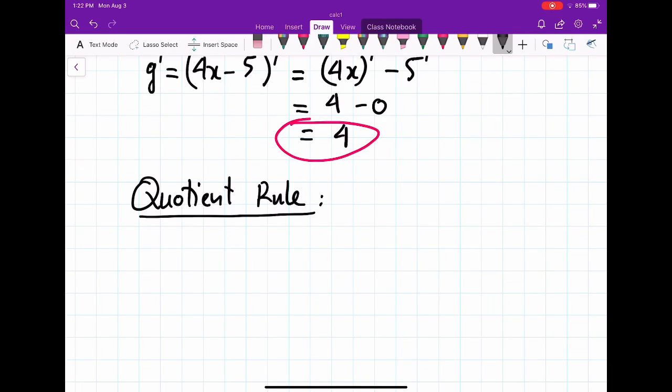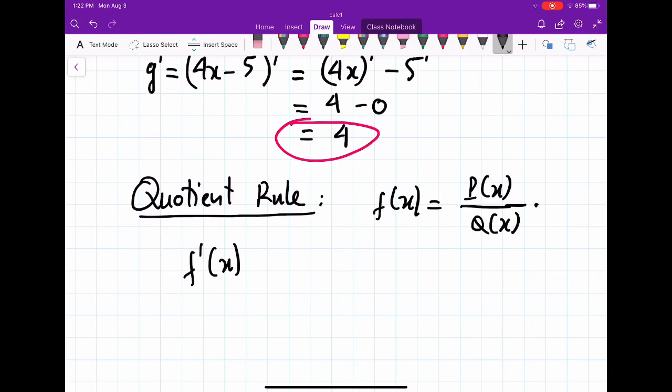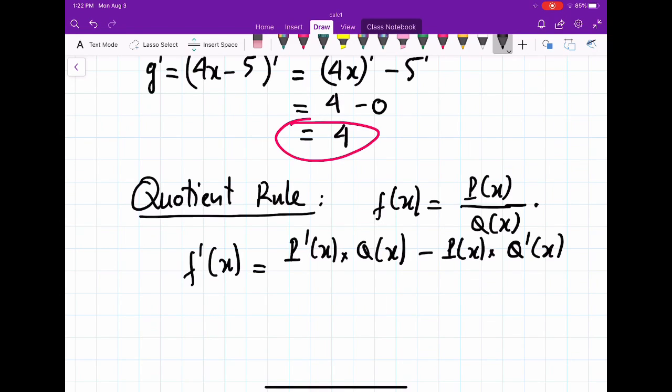The quotient rule says if you have some function f of x equal to p of x over q of x, and you want to find the derivative of this function, then that is p derivative of x times q of x minus p of x times q derivative of x, divided by q of x squared.